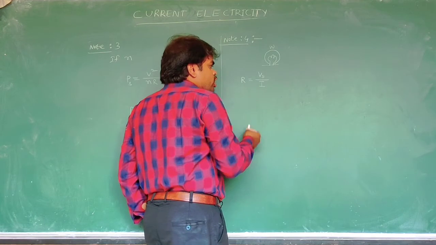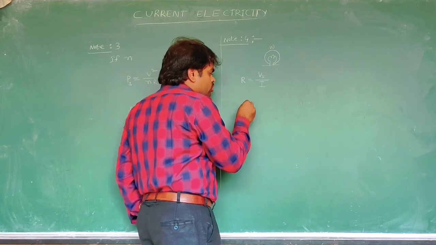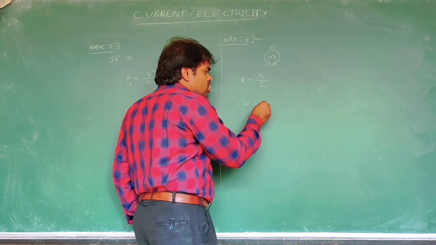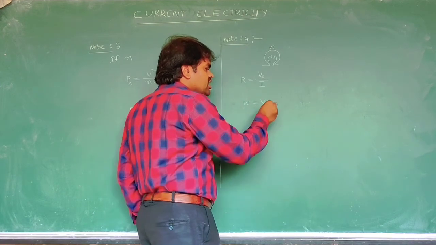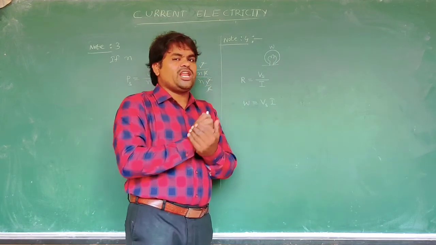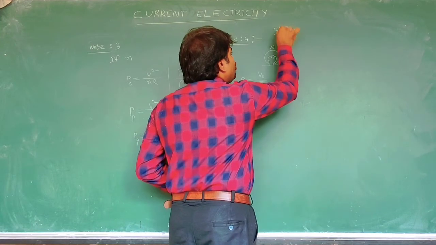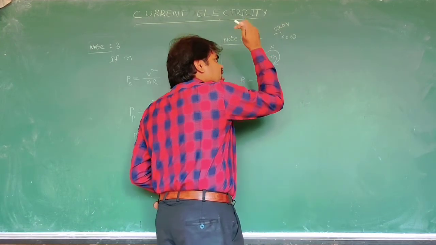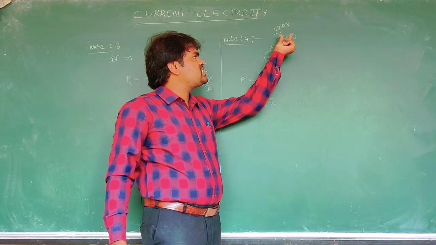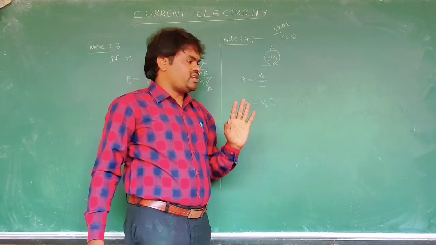We know that the power, that is the wattage, is equal to the specified voltage into current. This belongs to the electrical appliance and is already fixed, like 60 watt, 220 volts, as they mention, because the specified values are already fixed for the electrical appliance.